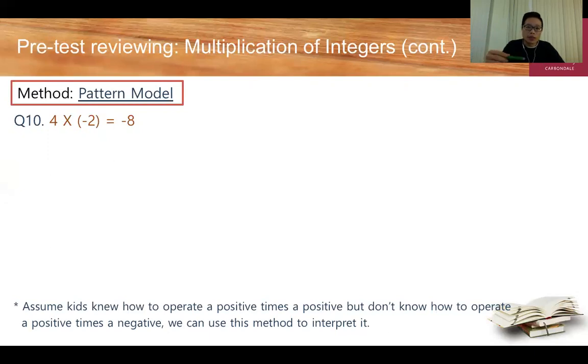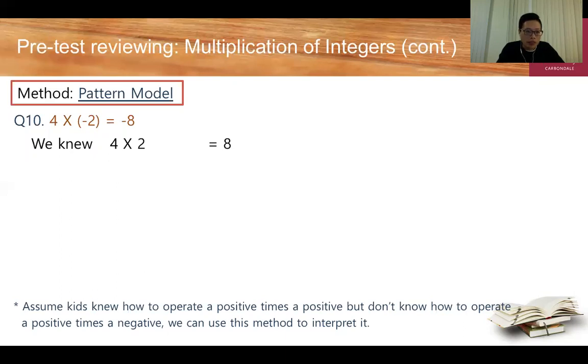So I start from the pattern model, and here assume that kids know how to operate positive times positive, but don't know how to operate positive times negative, right?